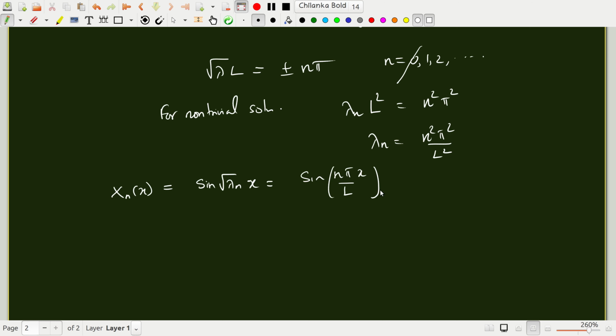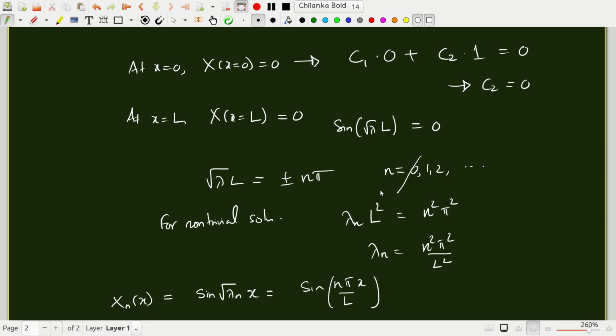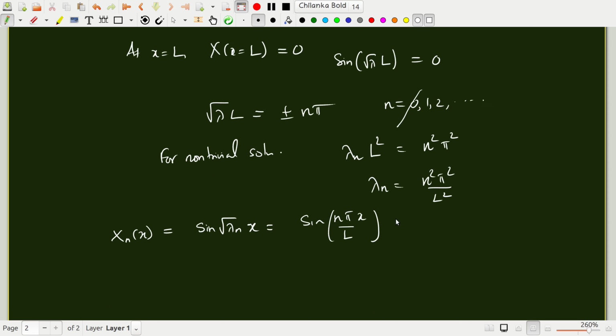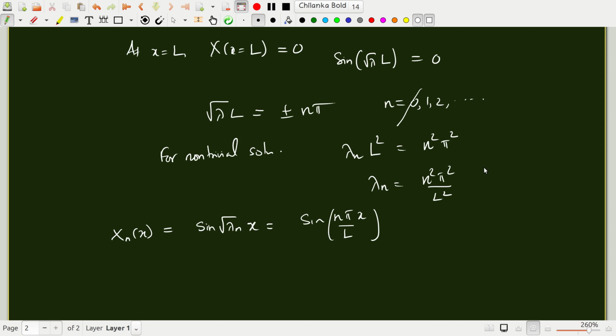And because we have squared here, n can take only positive values, so there is no need for plus or minus n, as we have seen before also, because sine of minus n is minus sine of n. So n can be safely taken to be 1, 2, 3, 4 and so on.